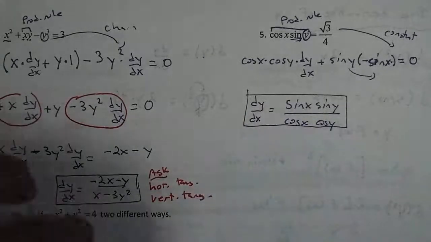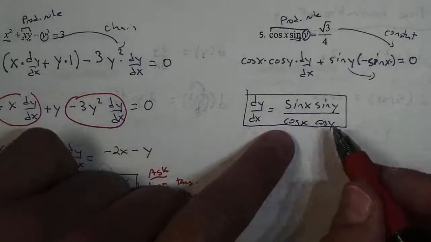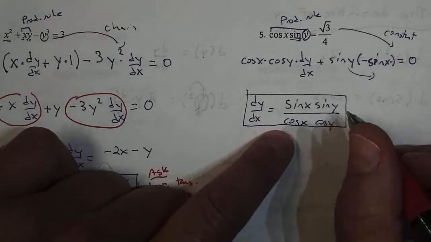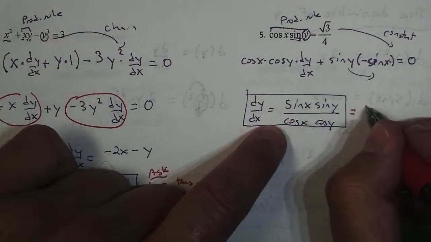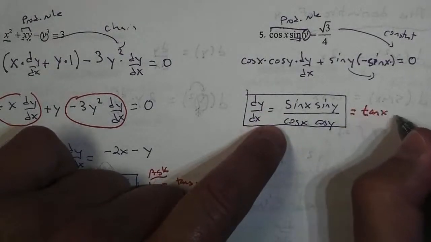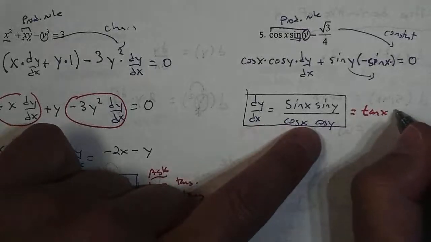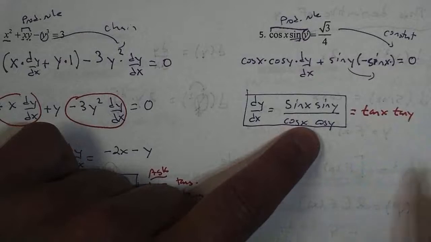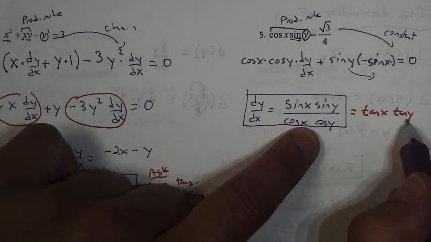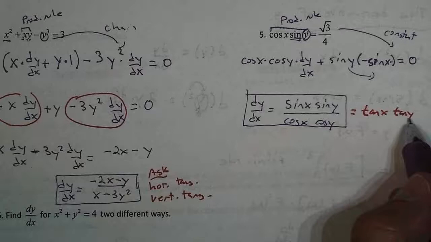I'll accept that. But my girlfriend says, "You're not done yet." So I can go a little bit further, because what is sine of x over cosine of x? Just tangent of x. What is sine y over cosine y? Tangent y. Thanks, Tanny, for giving me this problem.